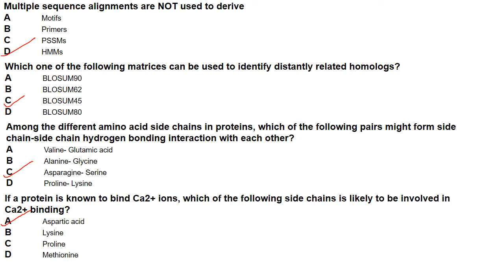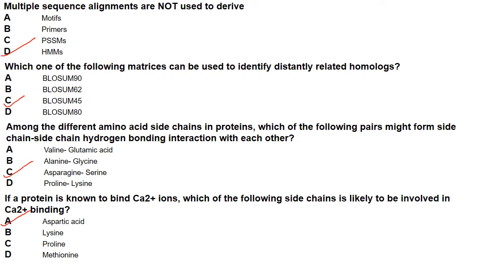Then next one. Among the different amino acid side chains in proteins, which of the following pairs might form side chain hydrogen bonding interaction with each other?